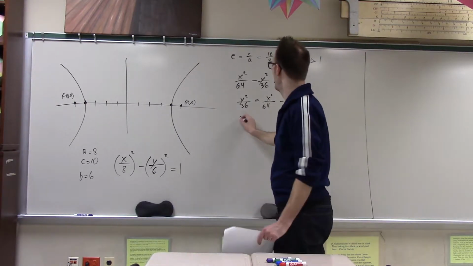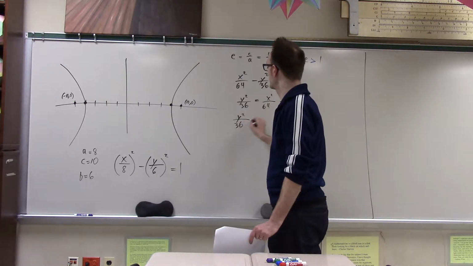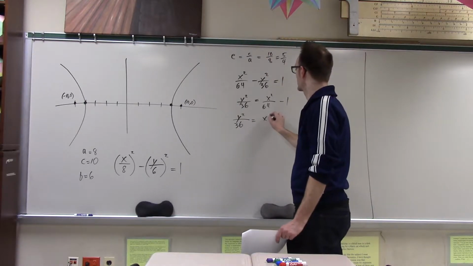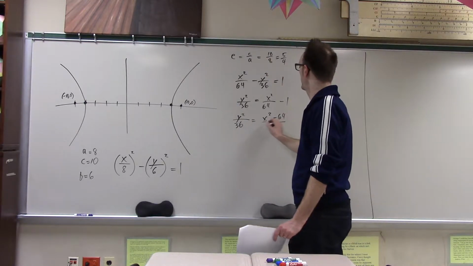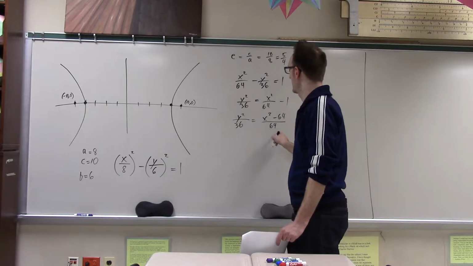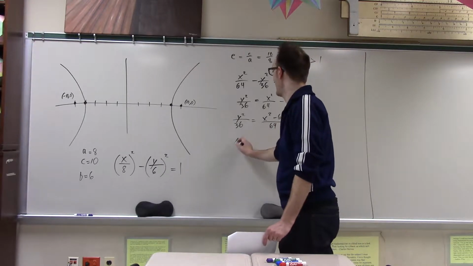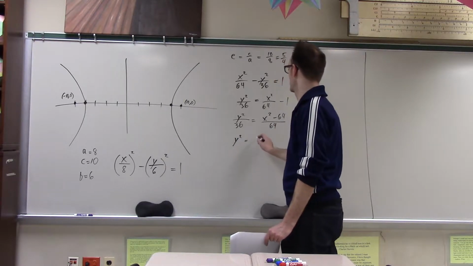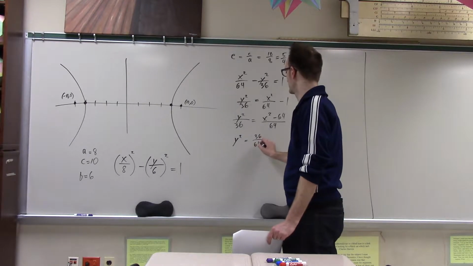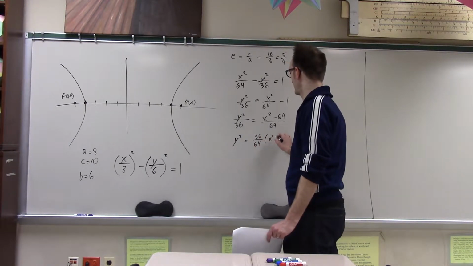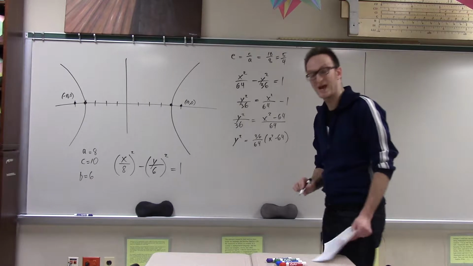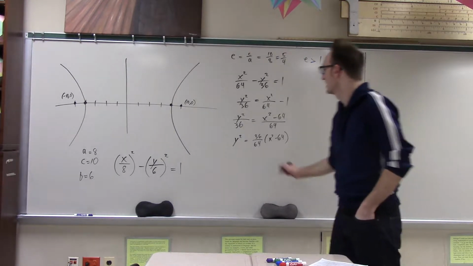So y squared over 36 equals (x squared minus 64) over 64. And so y squared is 36 over 64 times (x squared minus 64). Sort of just rehashing the whole argument from class all over again.